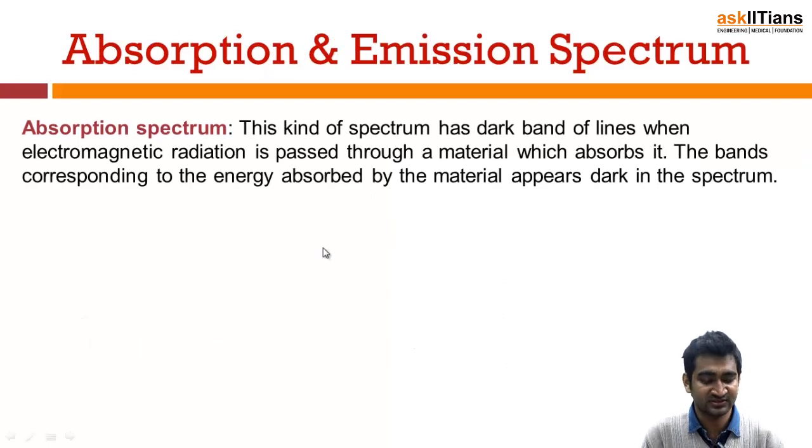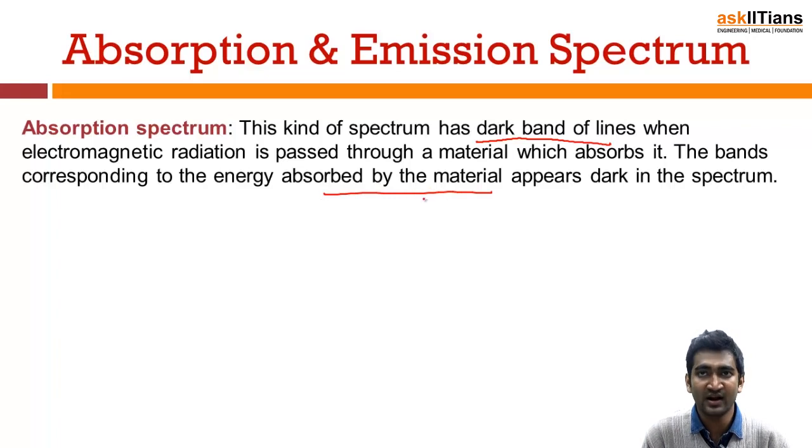So here comes the first type, the absorption spectrum. What is this absorption spectrum? It has dark bands of light, obtained whenever radiation is passed through a material. The bands correspond to the energy absorbed by the material.